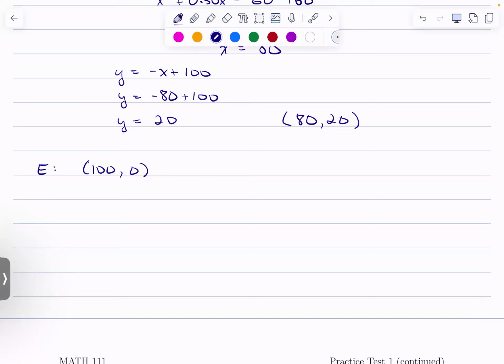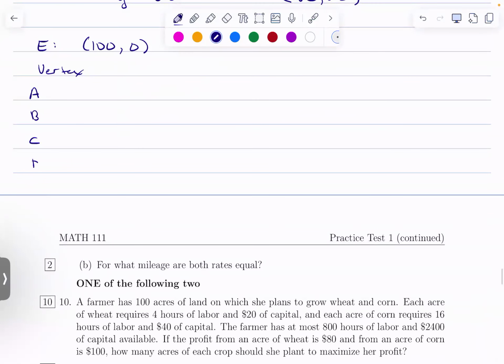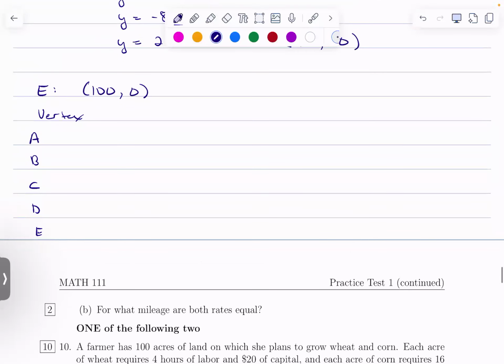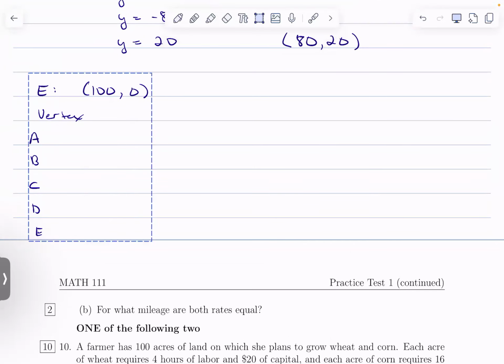Next up, at each vertex, evaluate what we called the objective function. A, B, C, D, E. I'm just squeezing it in on this page here.